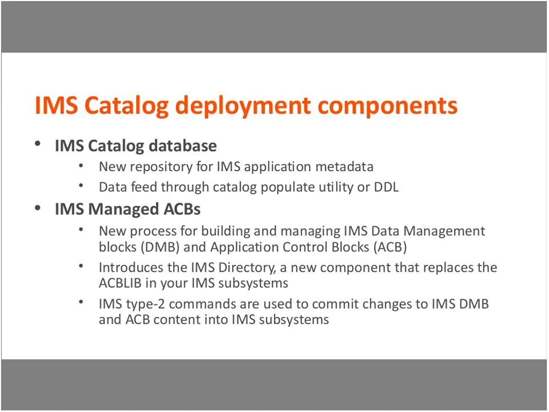So there's a one-to-one relationship between the IMS directory and the catalog. The third thing, I guess, is online change is replaced by IMS type 2 commands that are used to commit the IMS database DMB control block changes and the ACB content changes for IMS to use those appropriately.